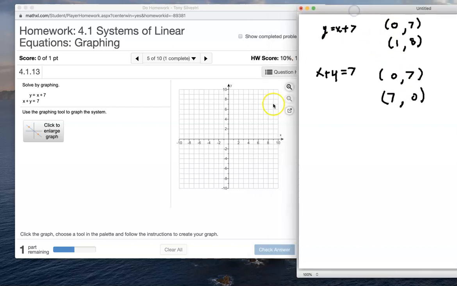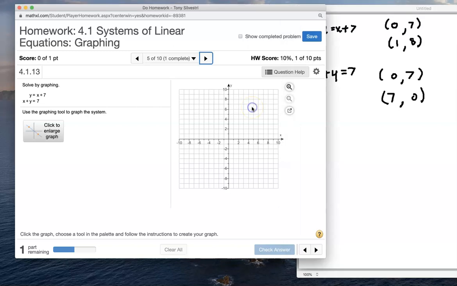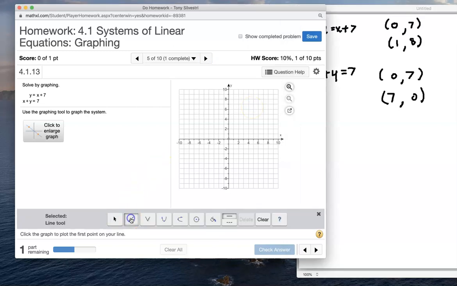The easy work now, the fun stuff, is to go in the graph, click it, draw the first line right over here with those top 2 points. 0 horizontal, 7 vertical. It's going to be right there. That's 0, 7. Click it. Then we've got 1, 8. Click that.